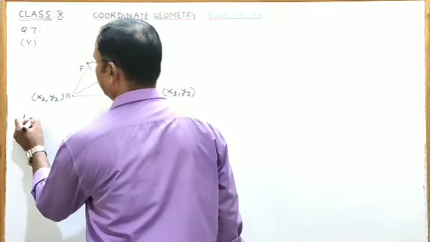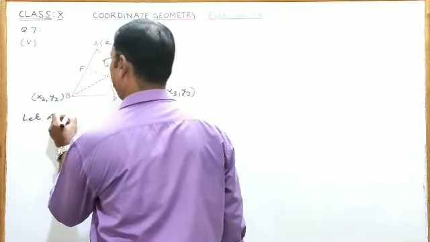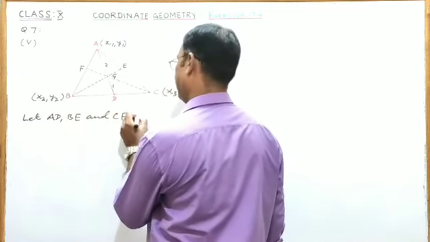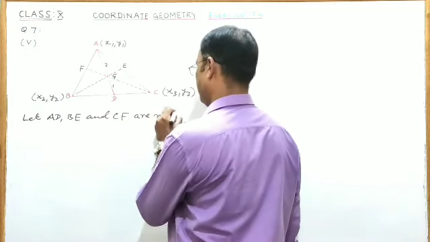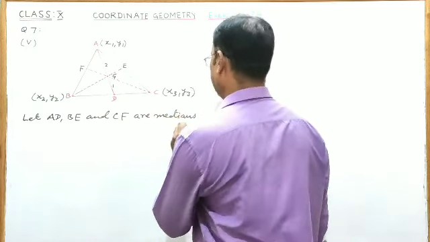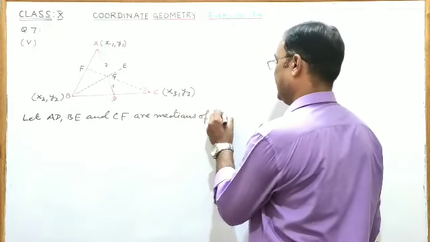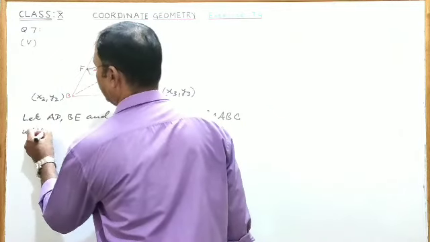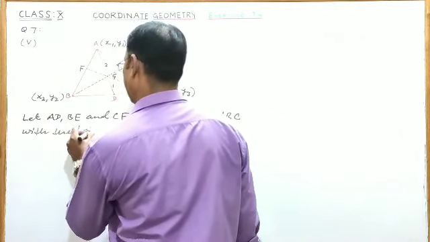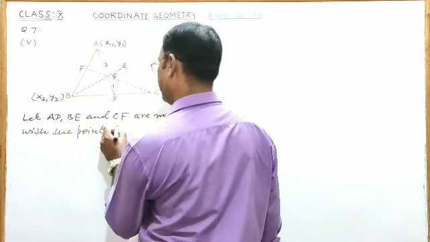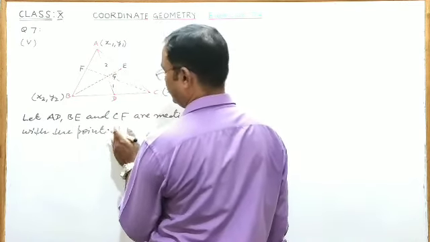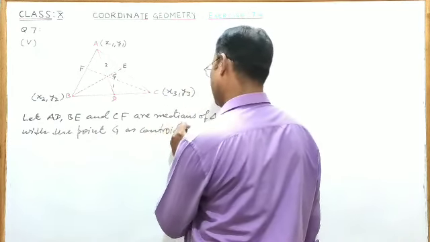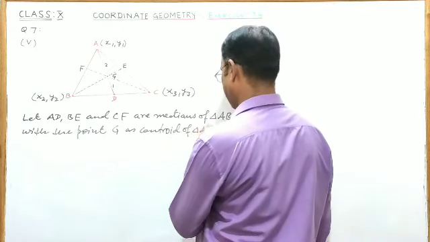So let AD, BE and CF be medians of triangle ABC with the point G as centroid of triangle ABC.